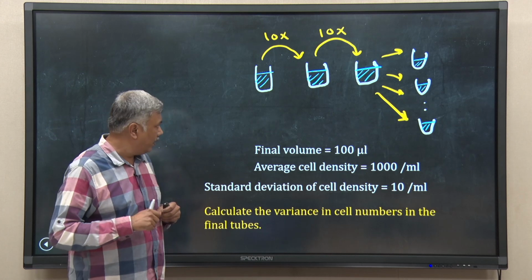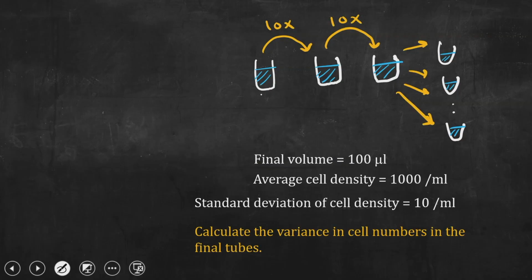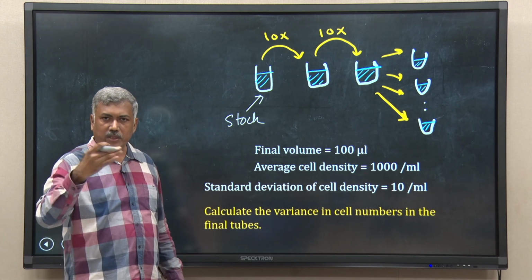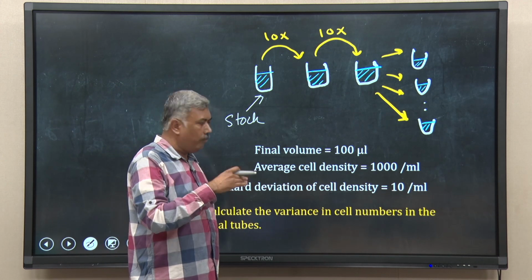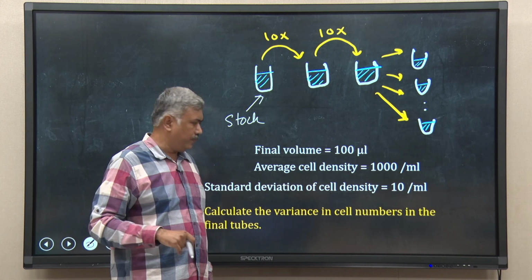Suppose I have a cell suspension, the first tube I have shown. This is my stock cell suspension, and then I have done its serial dilution, that is what I have shown, 10 times serial dilution twice, and then from the serially diluted suspension I have sampled the cell suspension, suppose into 9-10 different tubes.